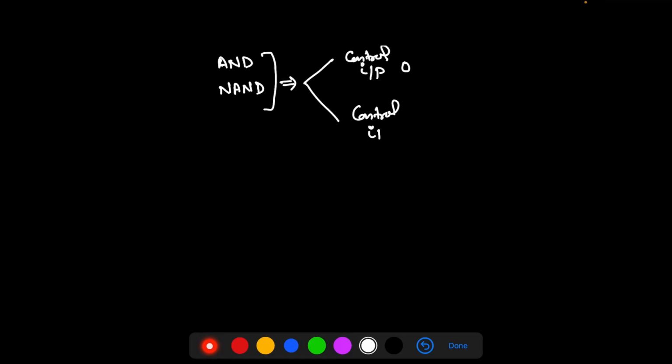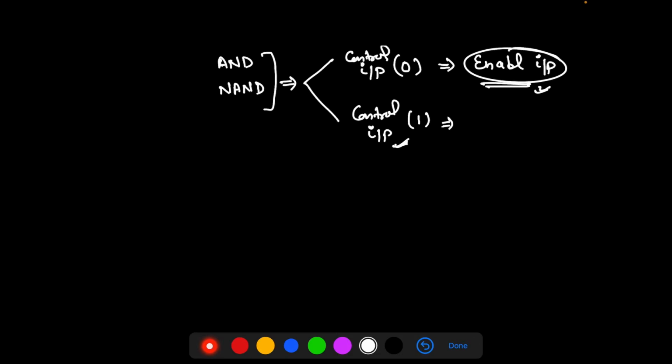For example, if we want to compare the AND gate and the NAND gate, in both these gates we consider control input 0 and control input 1. When the control input is 0 in the AND gate, it is the enable input, meaning our output will come according to our input only, and when the control input is 1 it is disable.